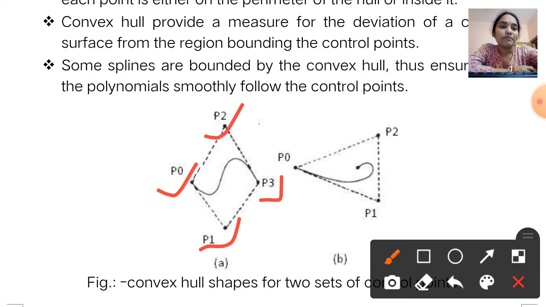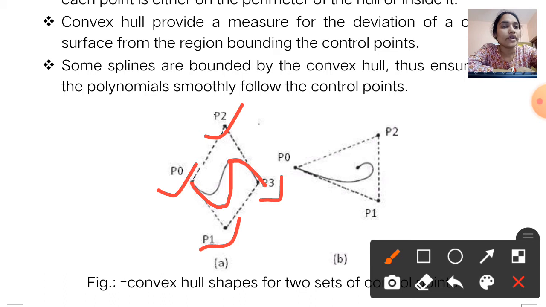So P0, then P1, the curve goes down, then P2 is at the top position, so the curve goes upwards, then P3 is on the left side, then the curve goes in this way. The control points are arranged in that order, and the curve follows in this way. Another example is here.